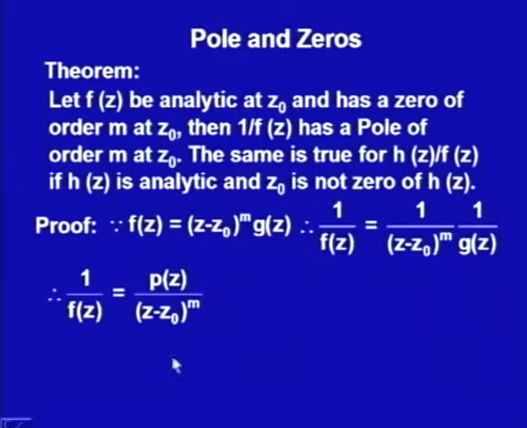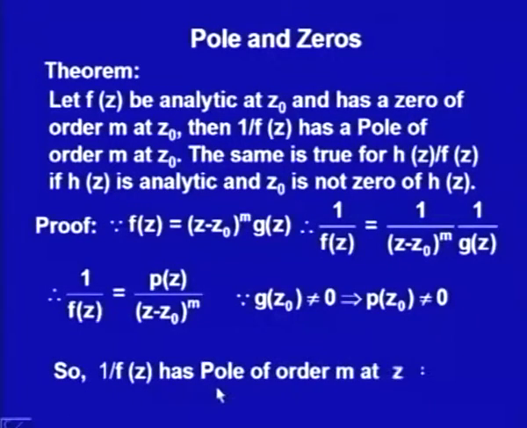What it says is that I am getting a principal part with m terms. So, z naught should be a pole of this new function and the order of that pole must be m. Since g at z naught is not 0, p at z naught will also not be 0. So, 1 upon f z has a pole of order m at z equal to z naught by definition.